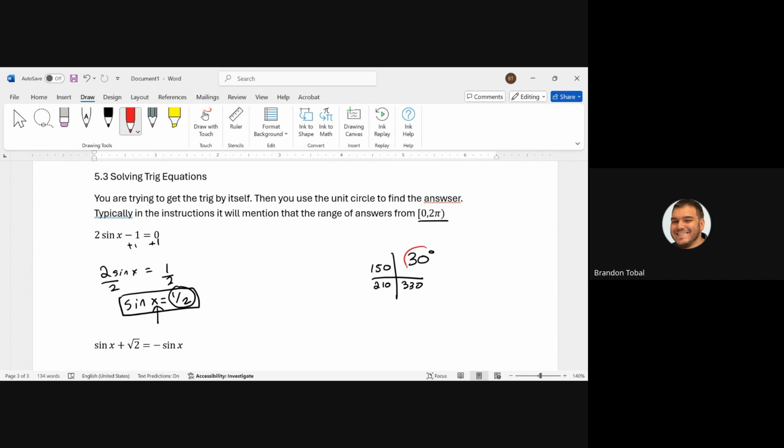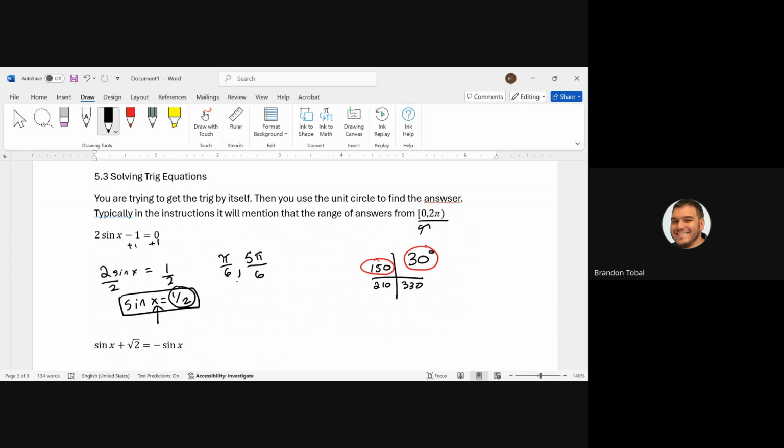So the angles I should be looking for are 30 and 150. But I do ask in radians. So you've got to make sure you are able to convert it or remember it as radians. 30 degrees is pi over 6. And 150 degrees is 5 pi over 6.